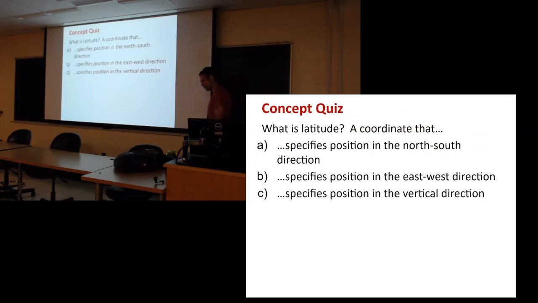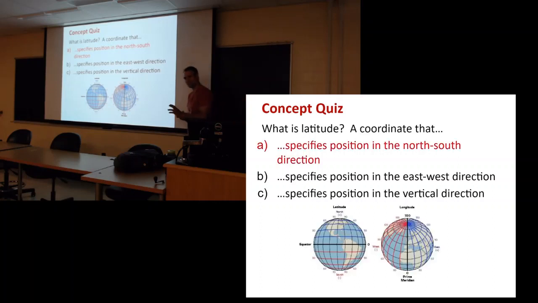So, first of all, talking about how things change with latitude, what is latitude? Does it specify position in the north-south direction, east-west direction, or the vertical direction? Don't be shy. North-south. North-south, that's right. Students often get this confused, which is why I leave this slide in there.